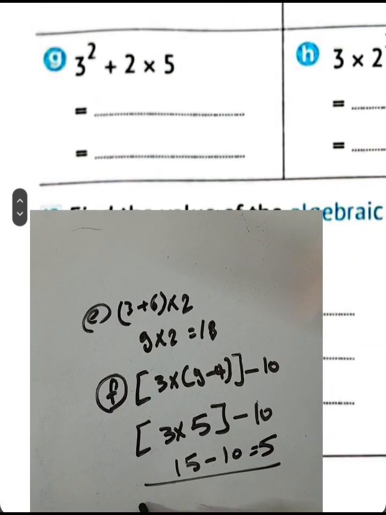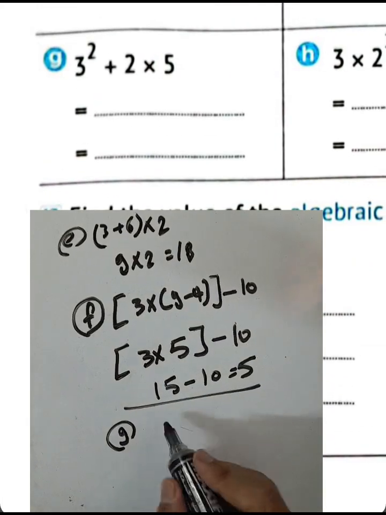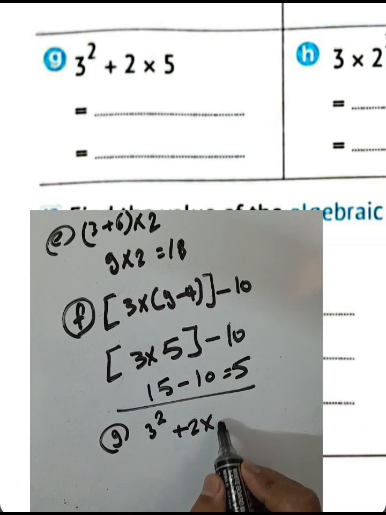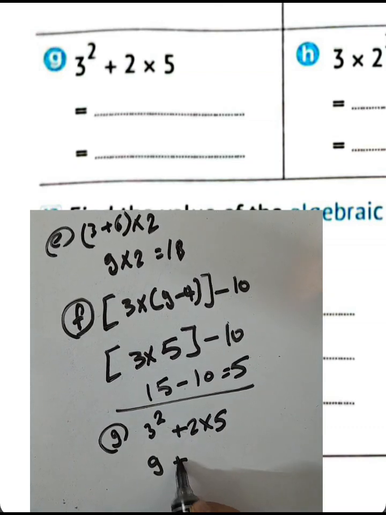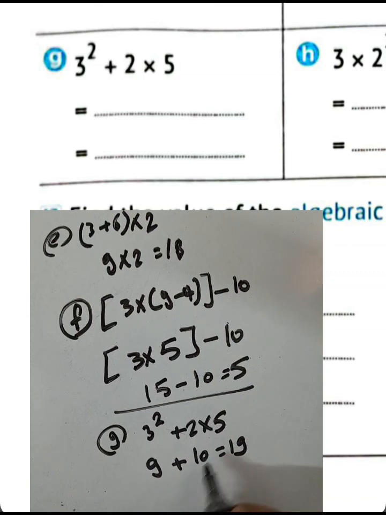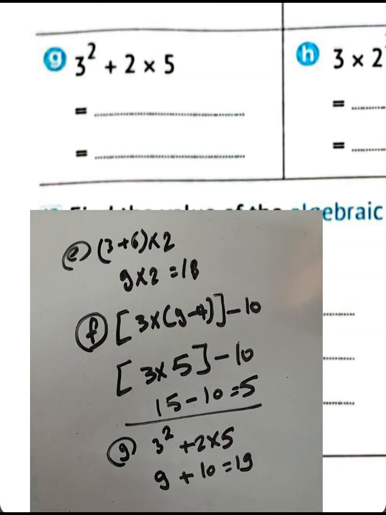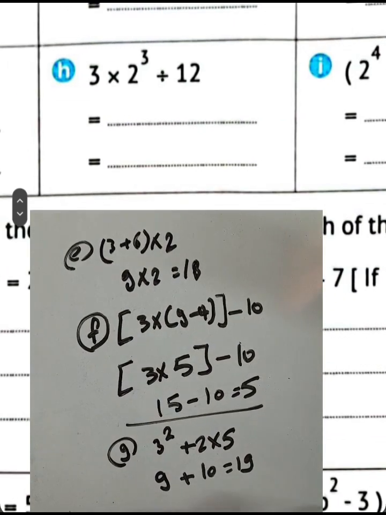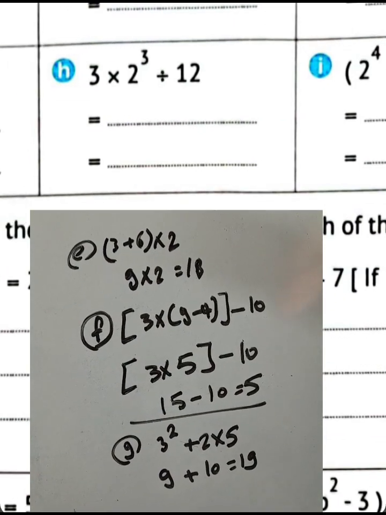Question letter G, 3 power 2 plus 2 times 5. 3 power 2 equals 9. 9 plus 10 equals 19. The result here will be 19. Question H, 3 times 2 power 3 divided by 12. We know 2 power 3 equals 8.